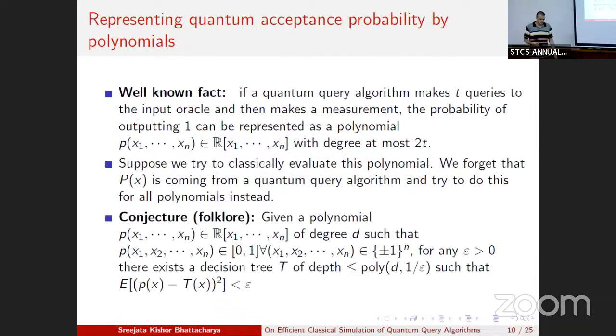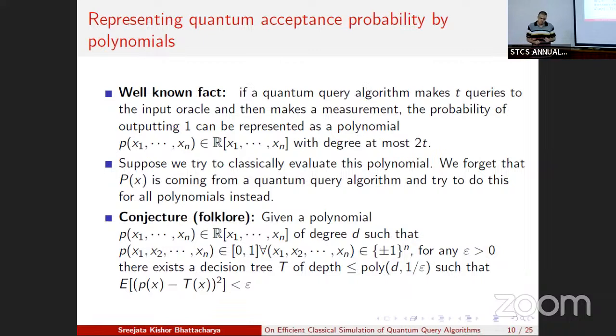So now here's a basic fact. Suppose you have a quantum query algorithm making t queries. Consider the probability of outputting 1 in the final measurement as a function of the input. It's known that this function can be represented as a degree 2t polynomial in the input, where t is the number of queries made.